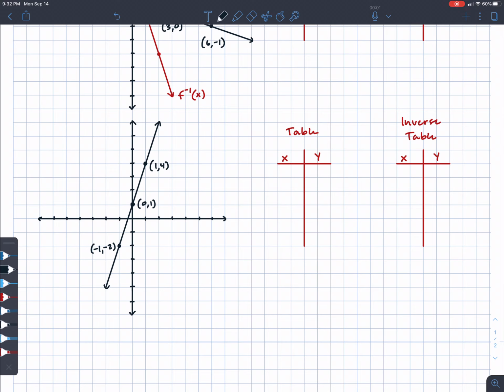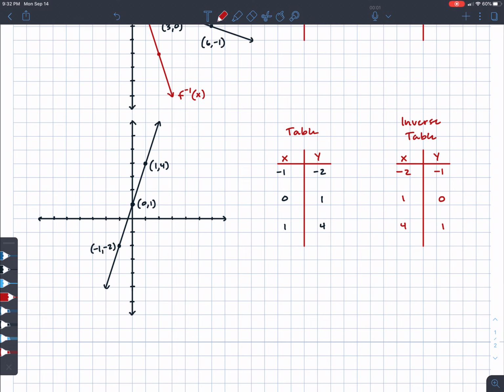So my first point, negative 1, negative 2, 0, 1, 1, 4. So now that I have those points, I can make my inverse table. Instead of negative 1, negative 2, negative 2, negative 1. Instead of 0, 1, 1, 0. Instead of 1, 4, 4, 1.